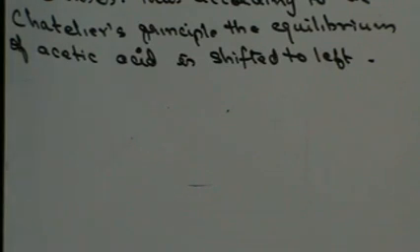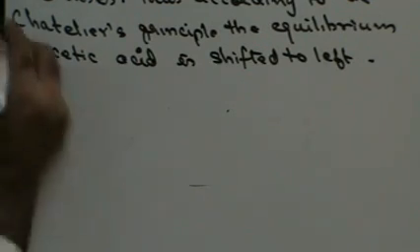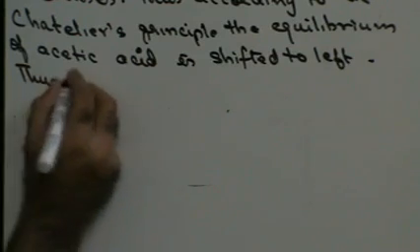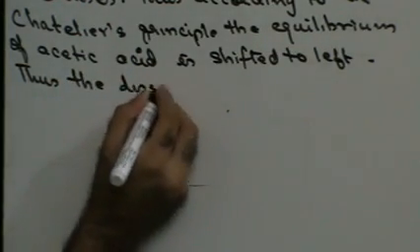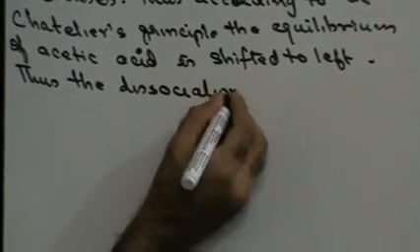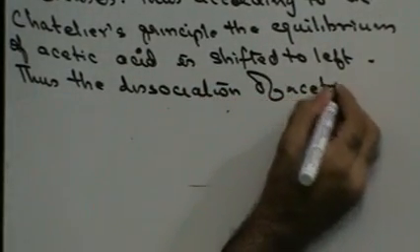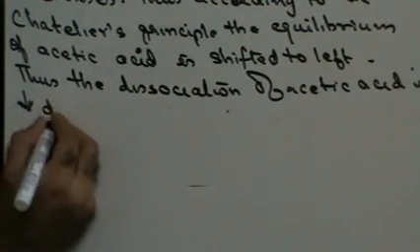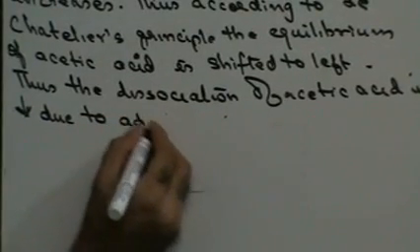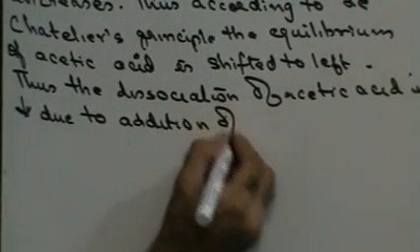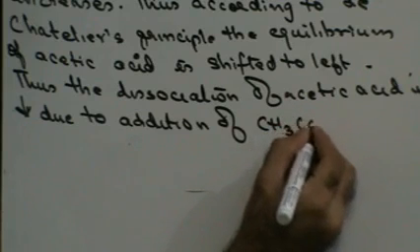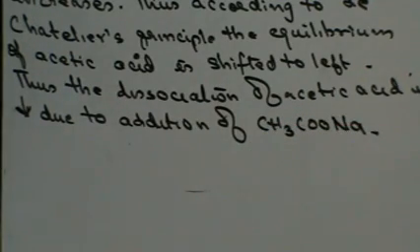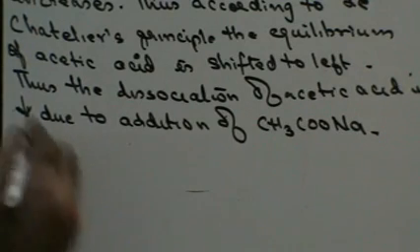If it is shifted to left, that means the dissociation of acetic acid is decreased due to the addition of sodium acetate. Thus, the dissociation of acetic acid is decreased due to the addition of sodium acetate, right? And this is known as common ion effect.